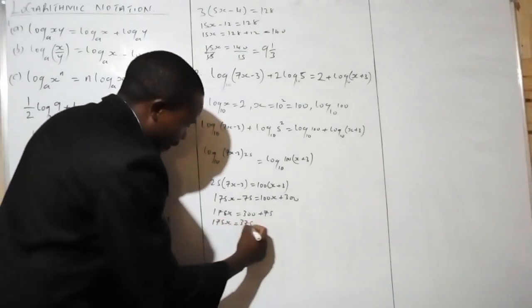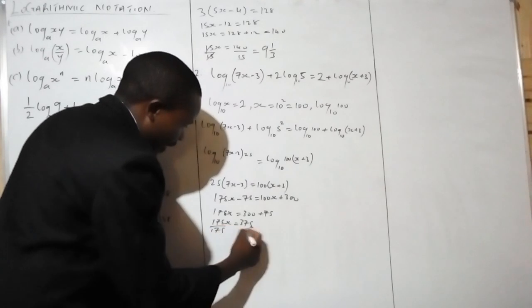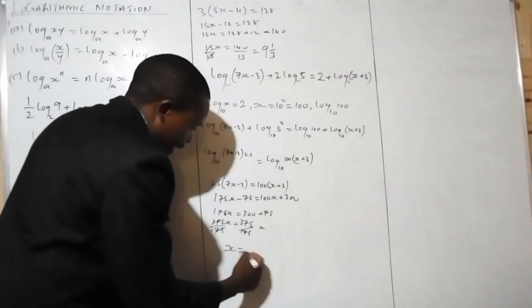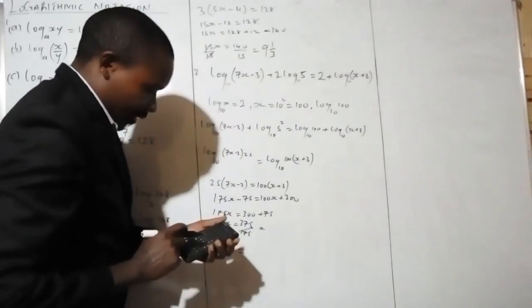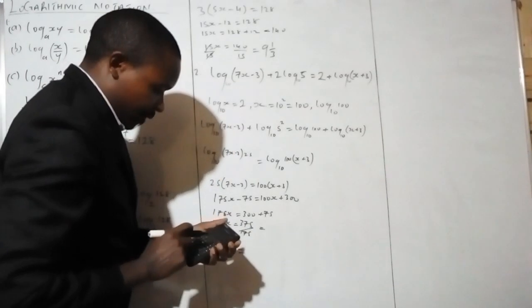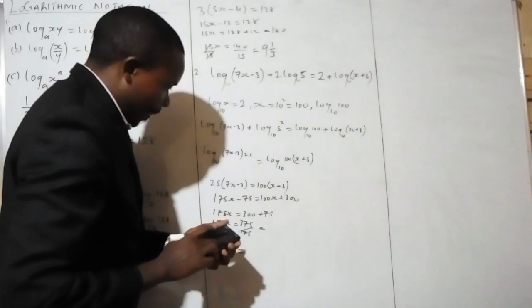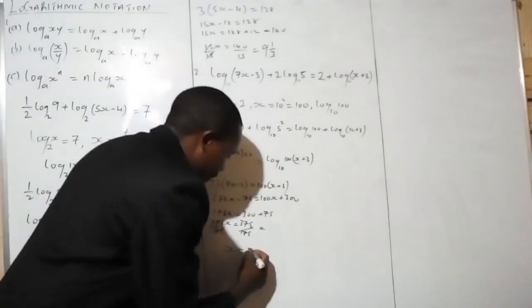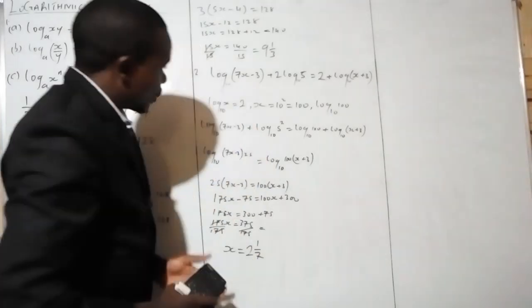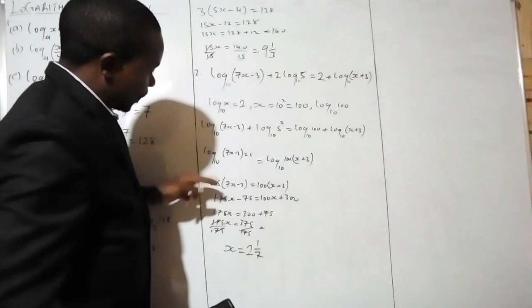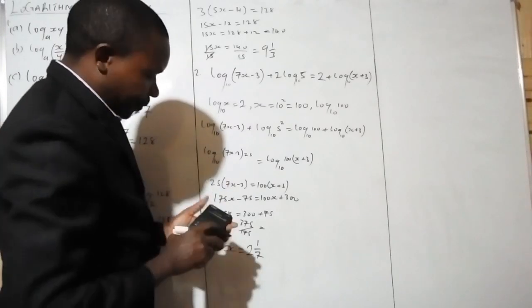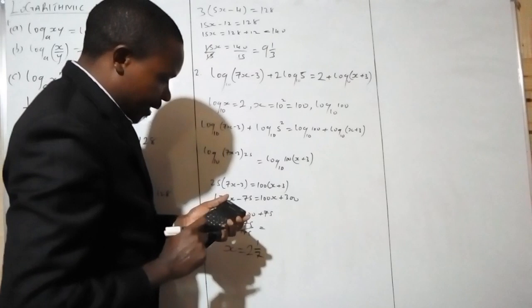Divide by 75 on both sides to get x. 375 all over 175, yeah, we get 2 1/7. 2 1/7, that should be the correct answer.